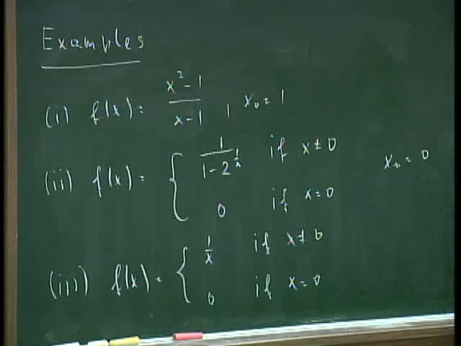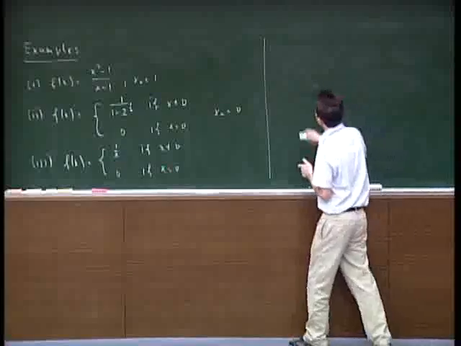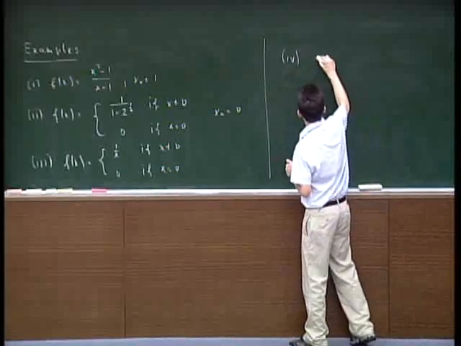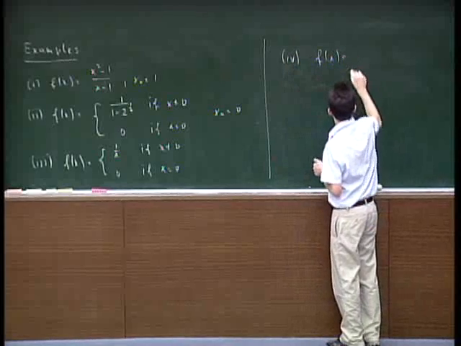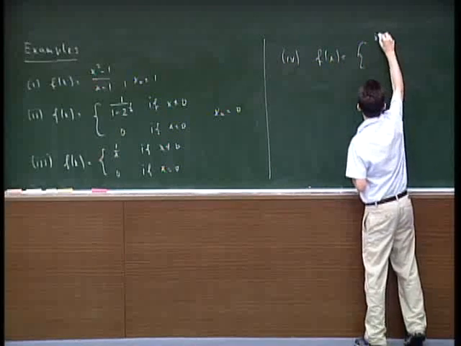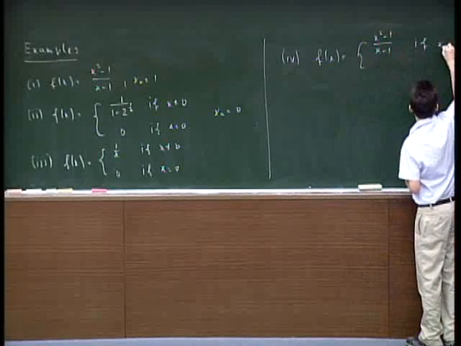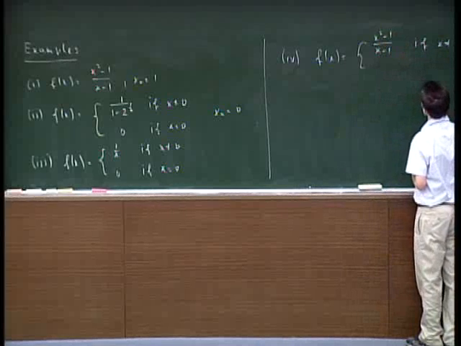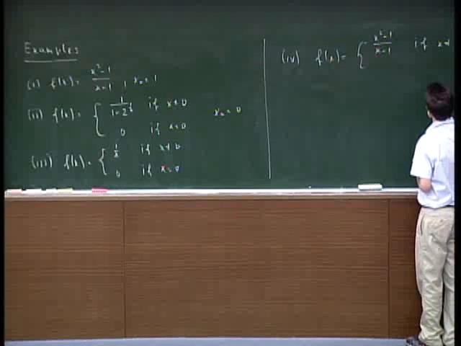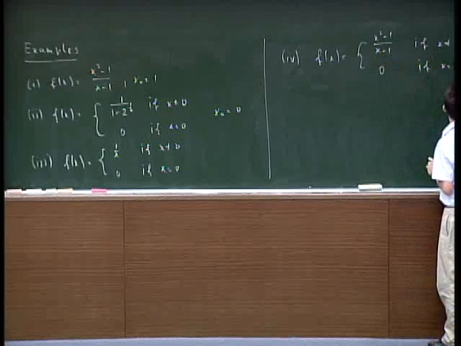And let's look at f of x is equal to x squared minus 1 over x minus 1 if x is not equal to 1, and let's say 0 if x is equal to 1, and the point x0 is equal to 1.